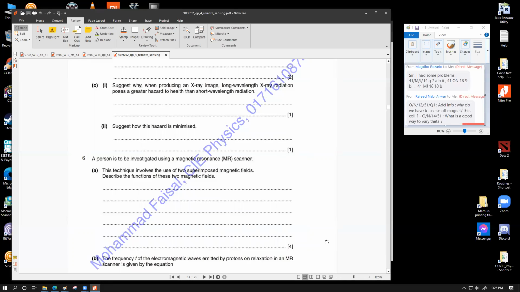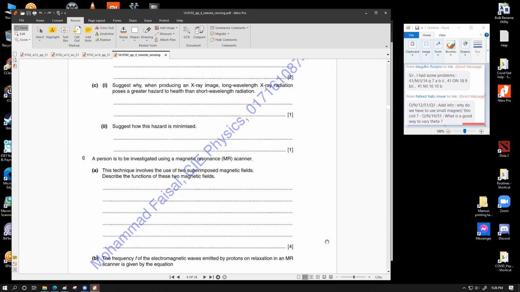How would you write this answer? This is how I would write it. A strong uniform magnetic field is applied to have all the hydrogen nuclei within the patient's body undergo precession. That much is enough, but I would appreciate it if you write a bit more: undergo precession at the same, what is the name of this frequency?